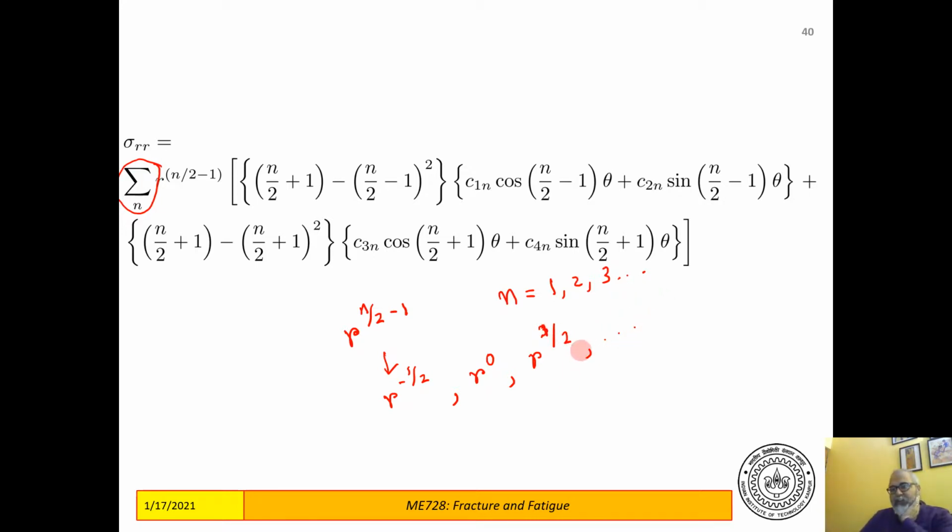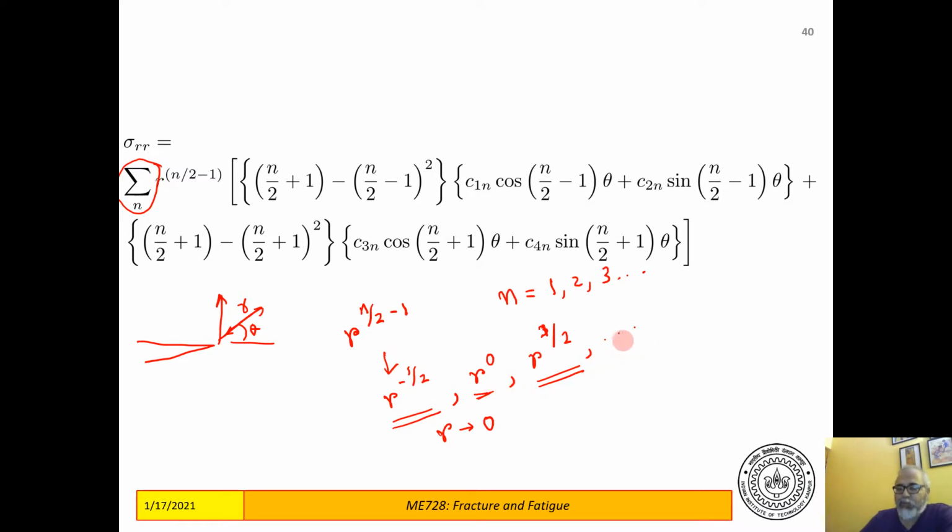So what you see here, as r tends to 0, that means as we move close to the crack tip, so this is the crack tip, sorry, your Cartesian axis, this is r, this is theta. Then this term is constant, these terms all go to 0, except for this term which has a negative power in it. In the stresses, this term has a negative power, so this is the term that's going to go to infinity.